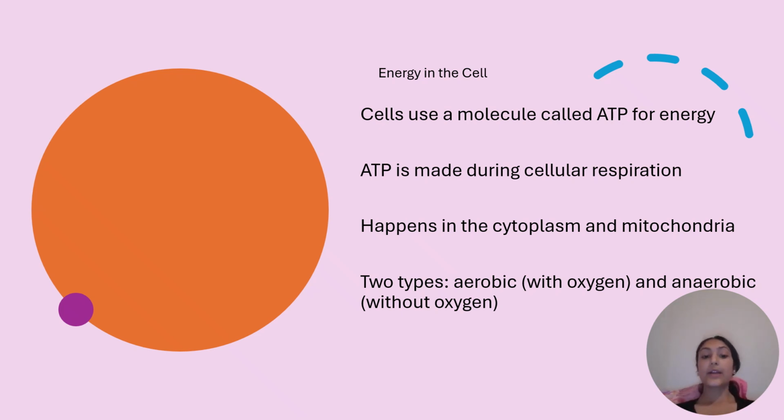Aerobic is with oxygen. If there is oxygen, we get a lot of ATP, about 30 per glucose. And if there is no oxygen, which is called an anaerobic situation, they can still make ATP through anaerobic respiration.